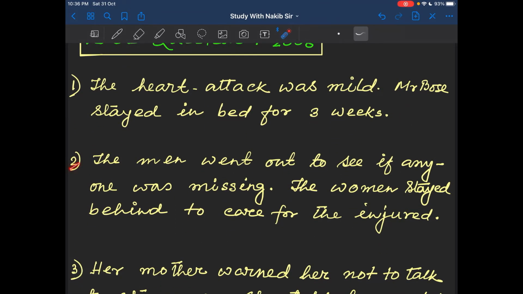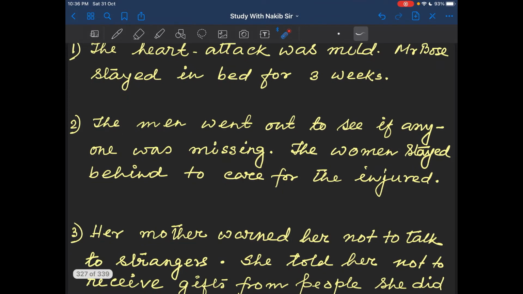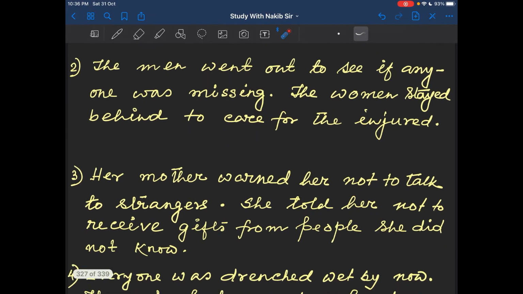Question number 2. The men went out to see if anyone was missing. The women stayed behind to care for the injured. And number 3.